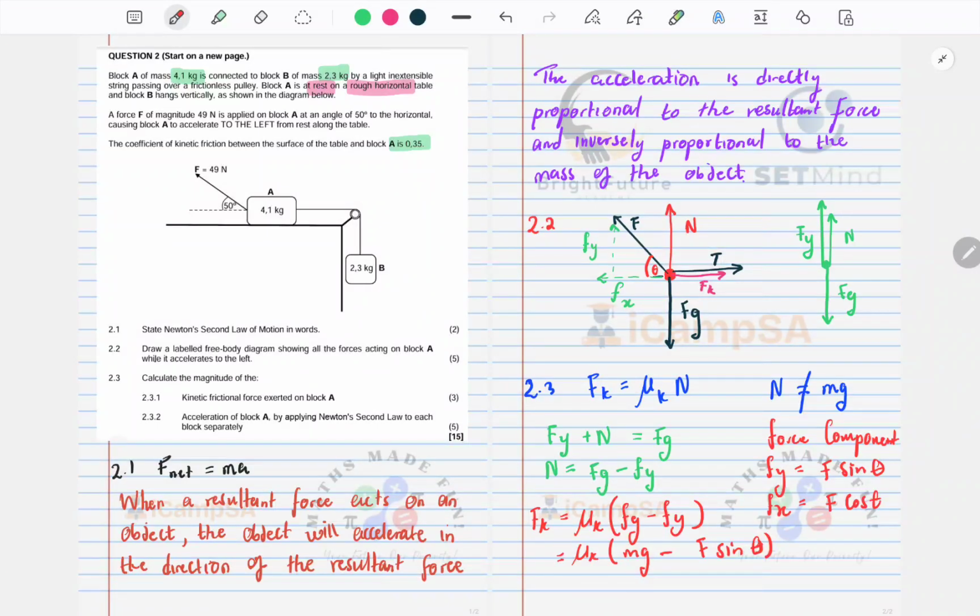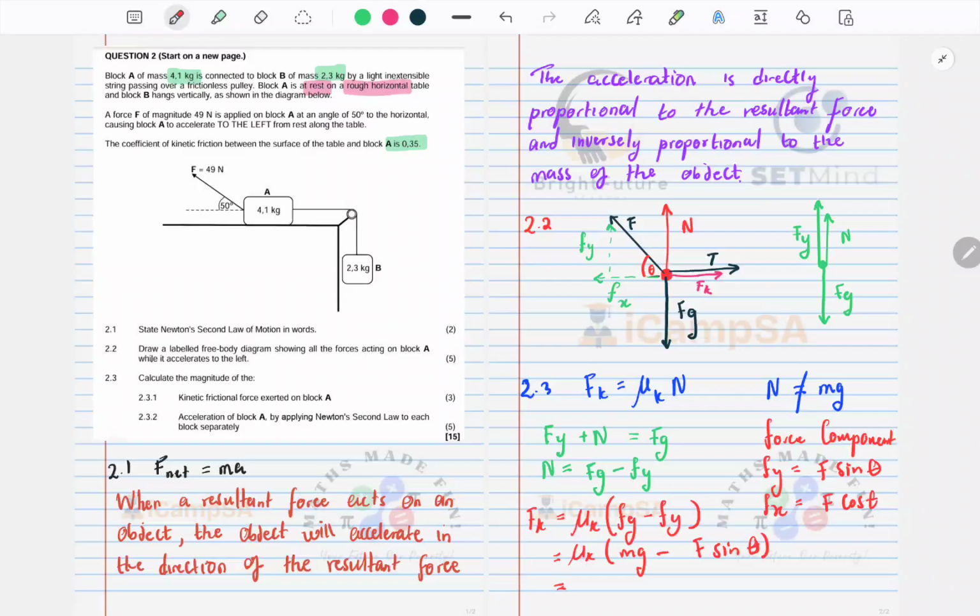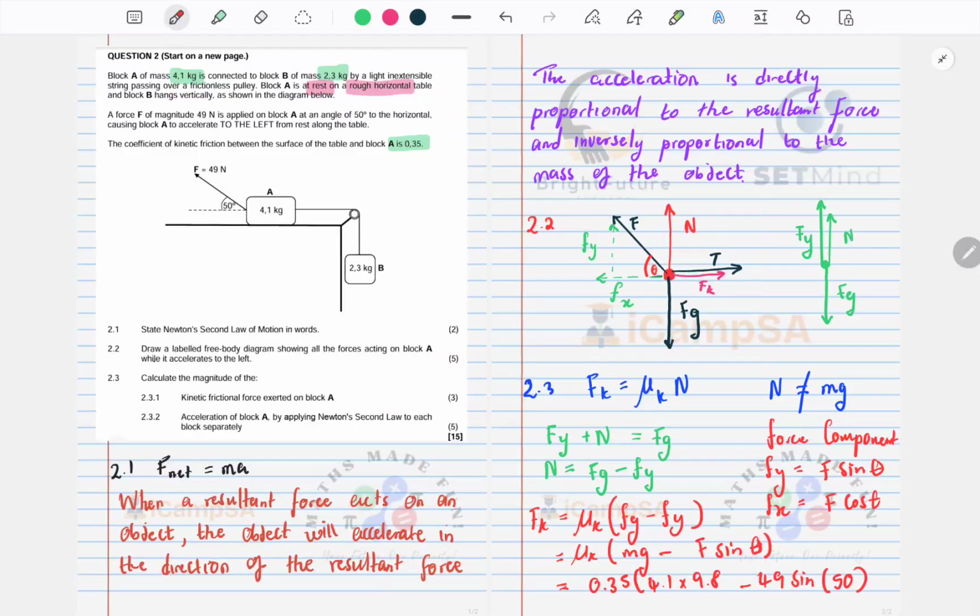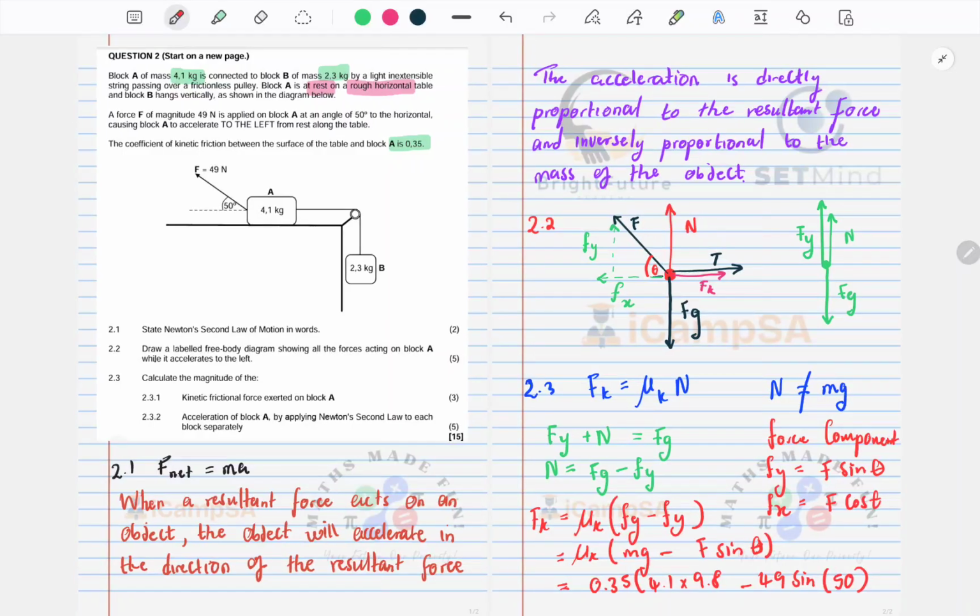So then we have 0.35, mg is 4.1 times 9.8 minus F is 49, sine theta is 50, like so, right? Then you punch this into the calculator, then you should get our answer.